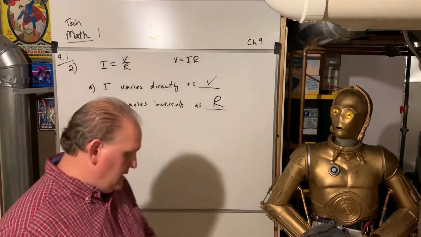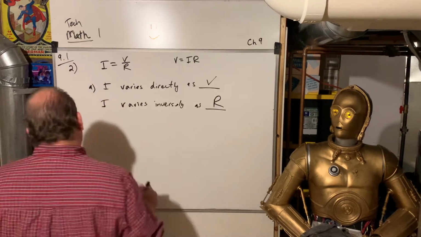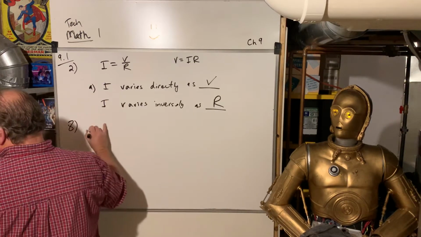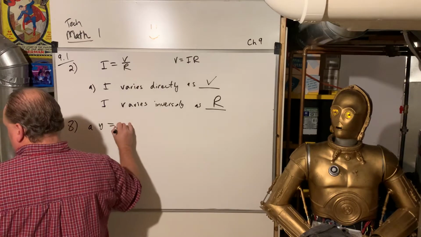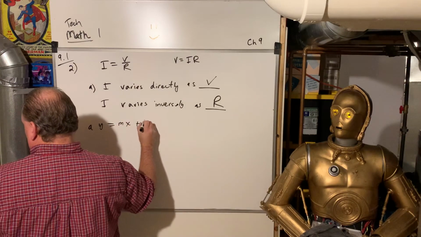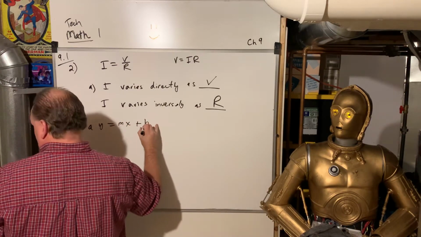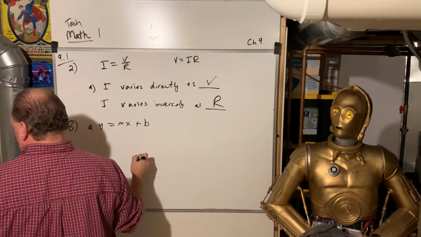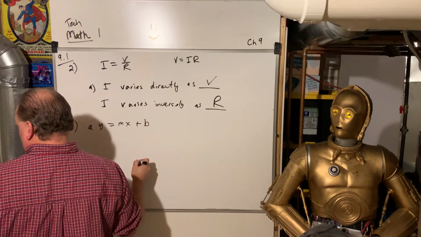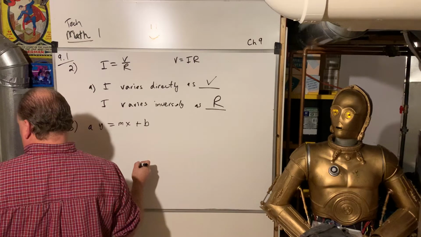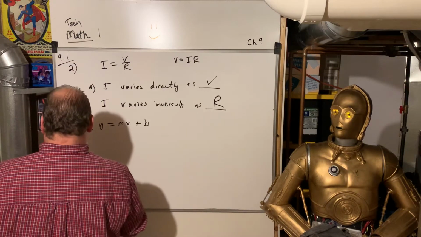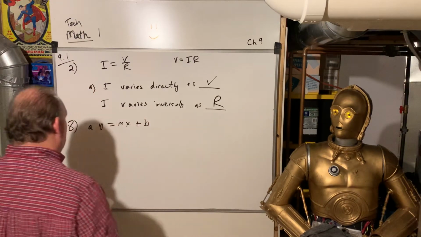So here, let's look at number 8. It has y equals mx plus b. It's got, draw a box around each term. Okay.